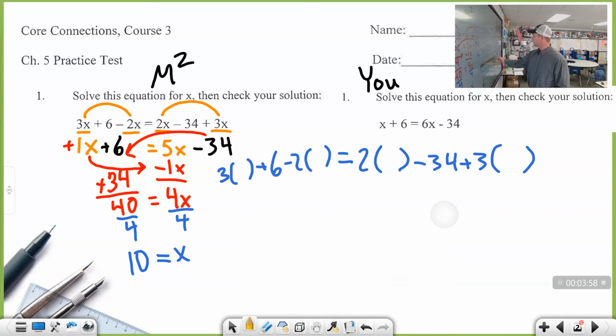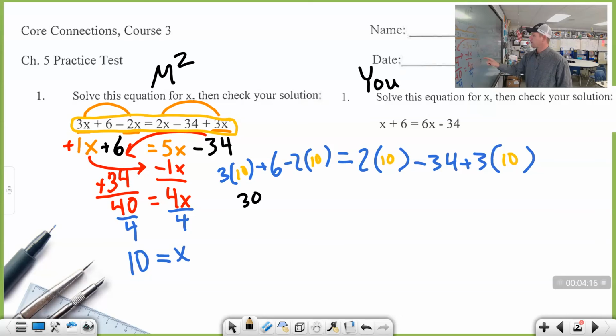And I'm going to take my answer, 10, and put it in each place. Now I know that's a lot of numbers. I rewrote this equation without the x's. And instead I put the numbers in its place.